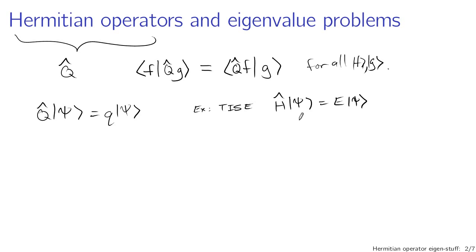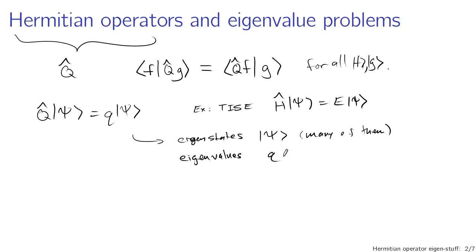Now, solving the eigenvalue problem gives you one of two general kinds of solution. First of all, what we're going to get are eigenstates. Those are going to be our psi's that solve this sort of equation. Generally, we're going to get a lot of them. And we'll get some sort of eigenvalues.